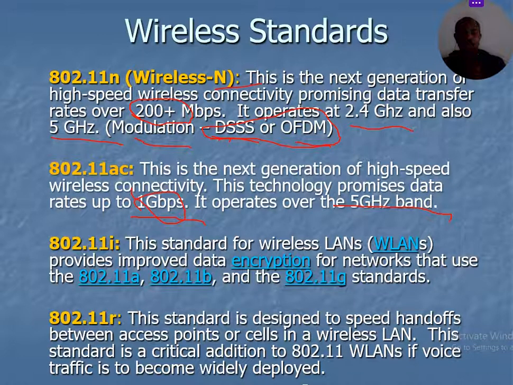If we want to consider the usage of voice in our data transmission, then this 802.11r is a good one because it's going to look at the access points and how they are used from cell to cell in our WLAN.